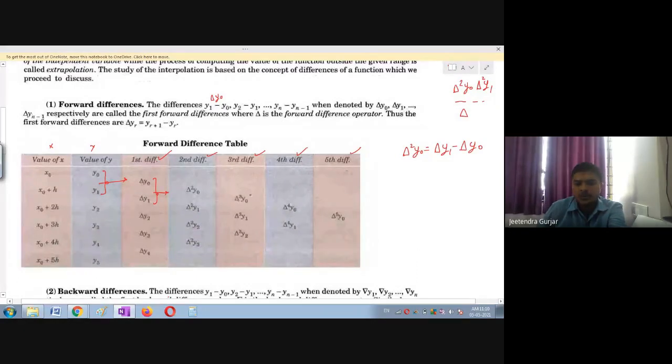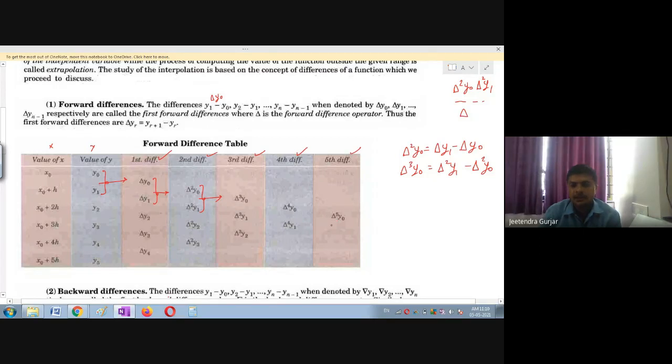Next, we go to the third difference. You can see very easily, students. To calculate delta cube y naught, what do we do? We take delta square y1 minus delta square y naught. This process continues. Some of you may ask, sir, till where are we going to continue?